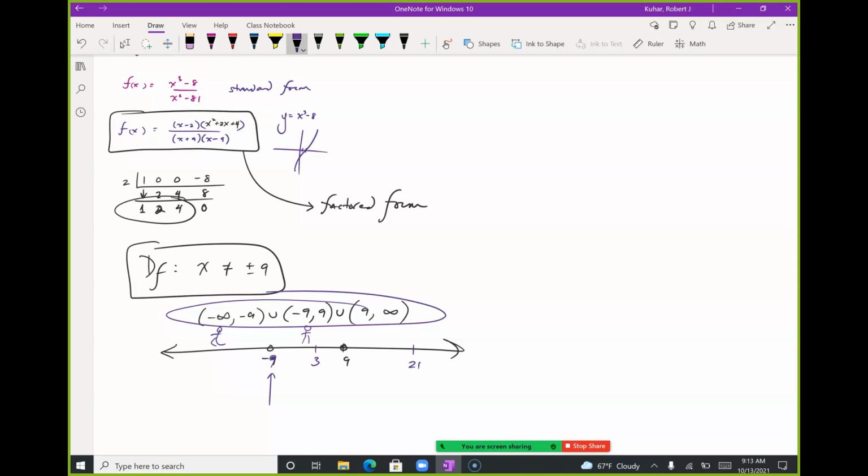I think the number line picture makes the interval make sense. Anything to the left of negative 9, anything between negative 9 and 9, anything to the right of 9. And that's what my interval says.